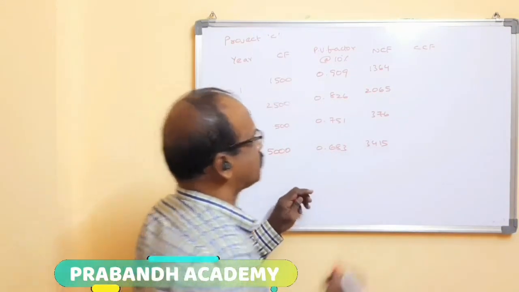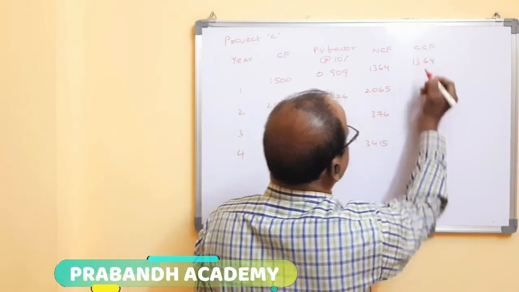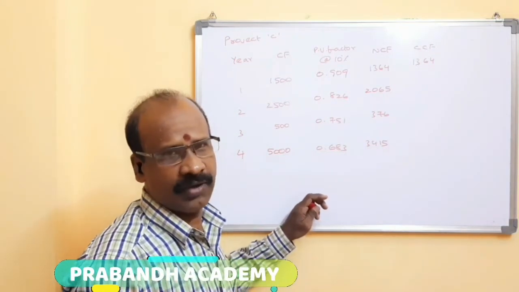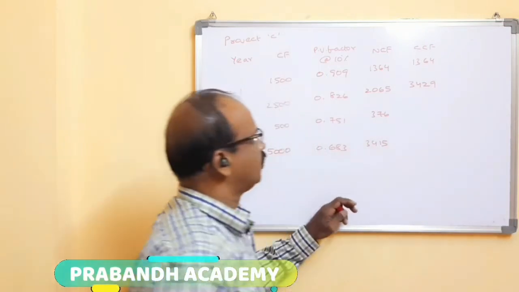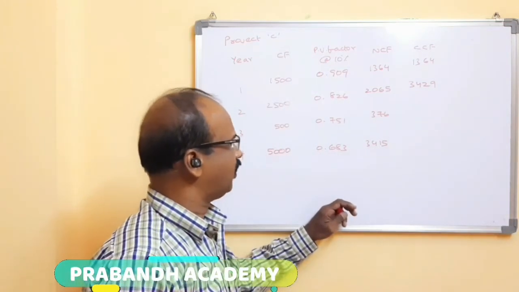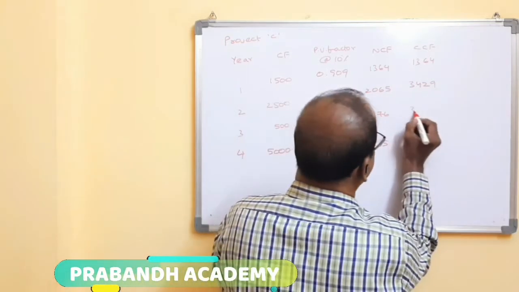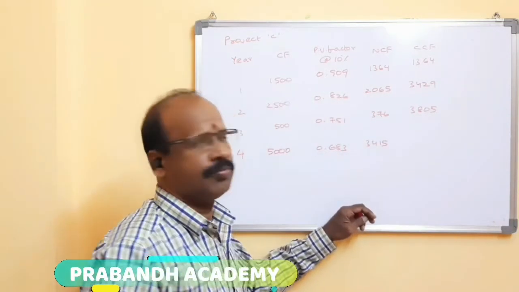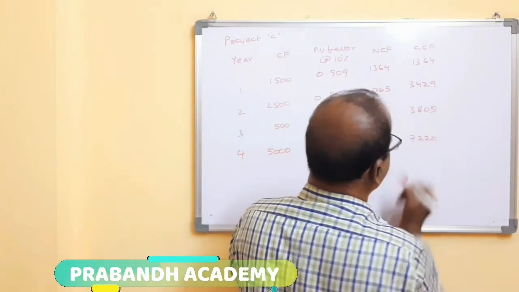Now cumulative cash flows. First year, same 1,364. Second year, 1,364 plus 2,065, we get 3,429. 3,429 plus 376, we get 3,805. 3,805 plus 3,415, we get 7,220.